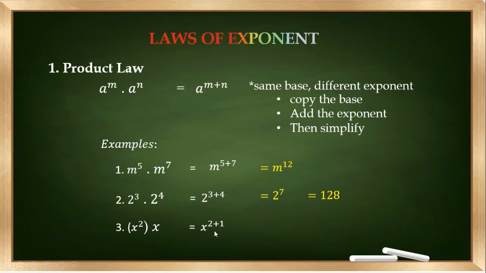Alright? So yung 2 here is from the exponent ng isang x na ito, and then yung 1 here is from the exponent ng x na ito. So x raised to the 2 plus 1 power is equal to x raised to the 3rd power. So that is the product law.